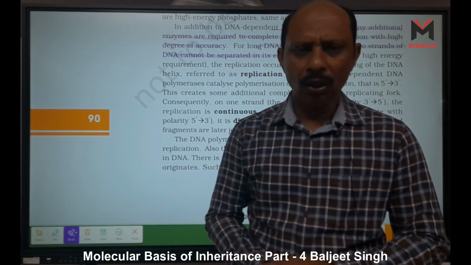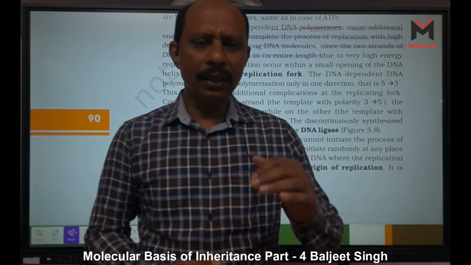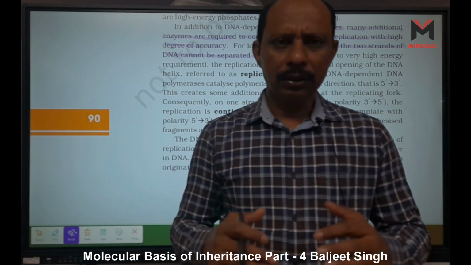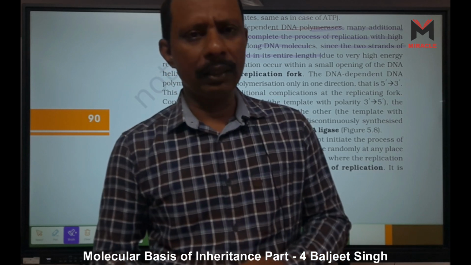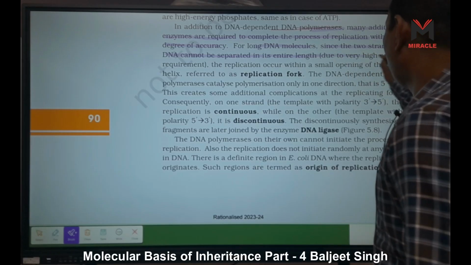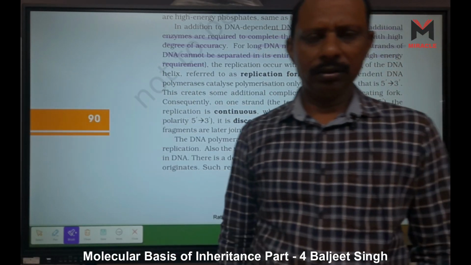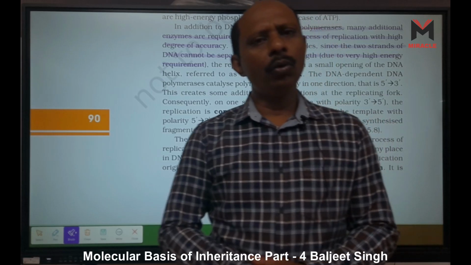In prokaryotes, only one origin of replication is there. But in eukaryotes, many initiation sites are there, or we can say many ori are there. Ori means origin of replication, right? Due to the very high energy requirement, because it is a very long strand, if we want to break all the hydrogen bonds, we need more energy.